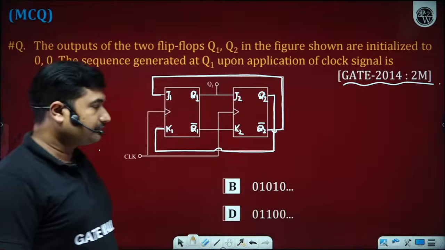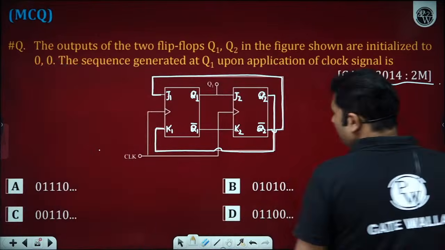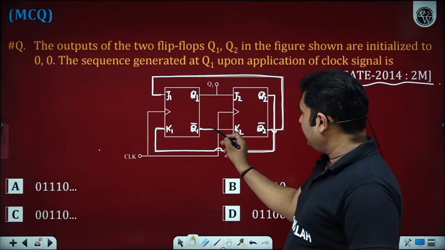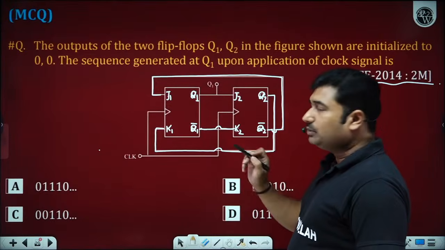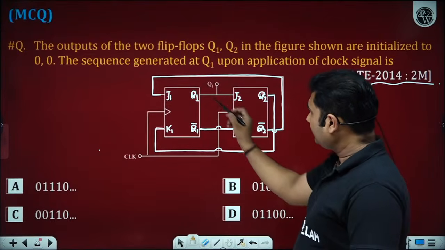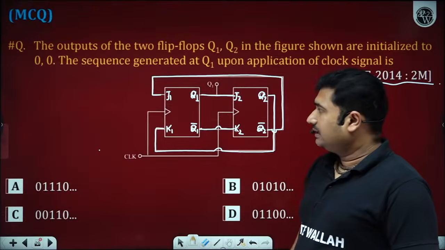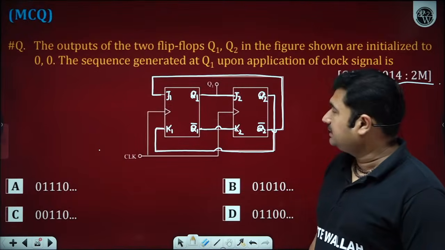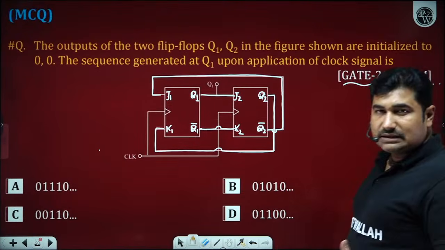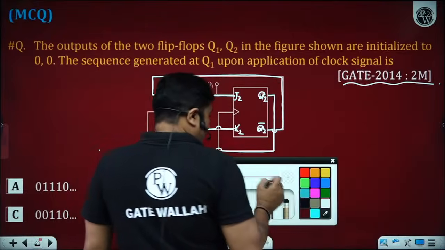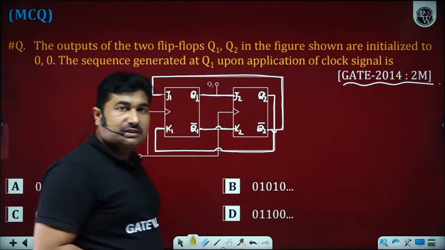We can also see the input to K2 is Q1 complement, and the input to J2 is Q1. How many of you are able to see this? Can you answer this question?